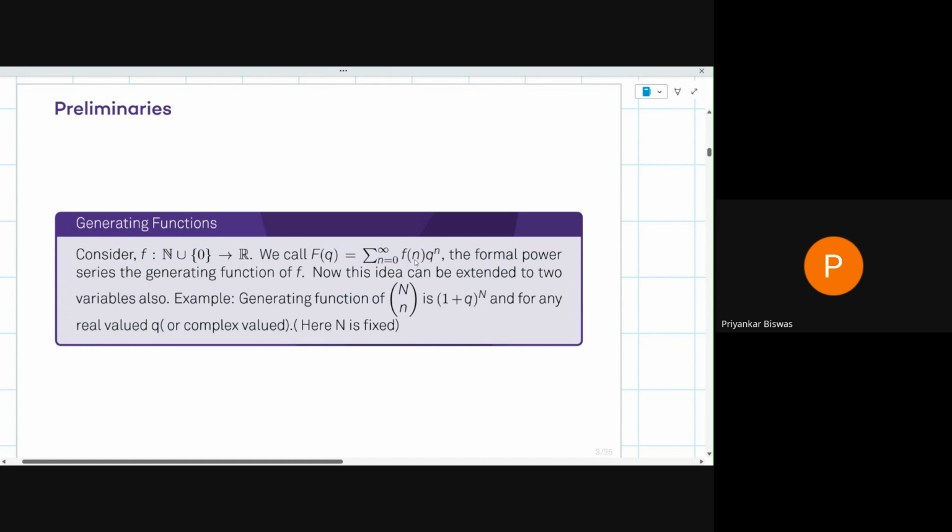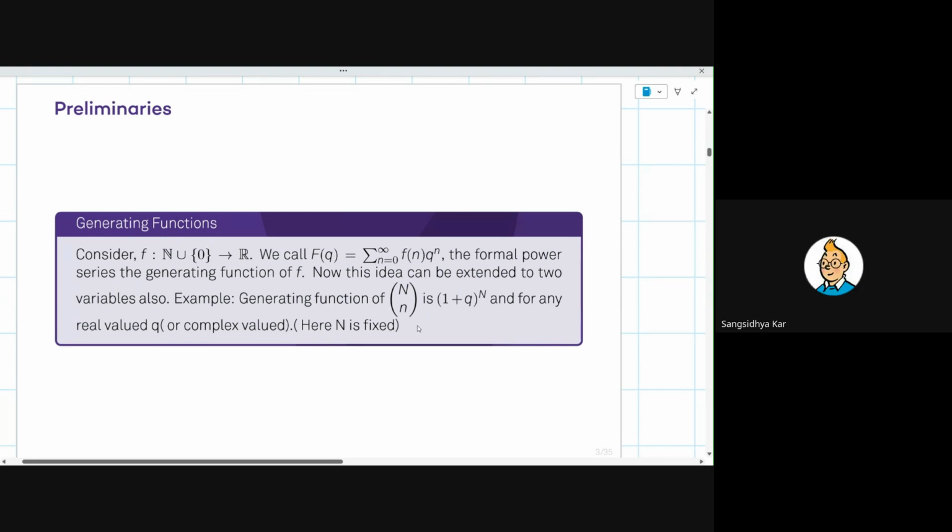Here this may or may not converge, as this is a formal power series. But when it converges, the study becomes really interesting. We'll see about this later.